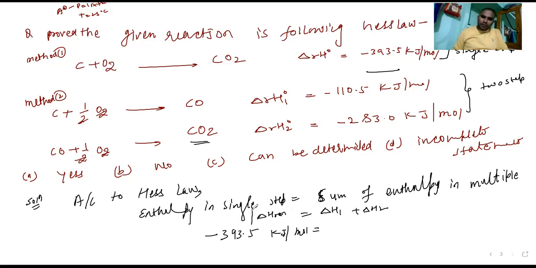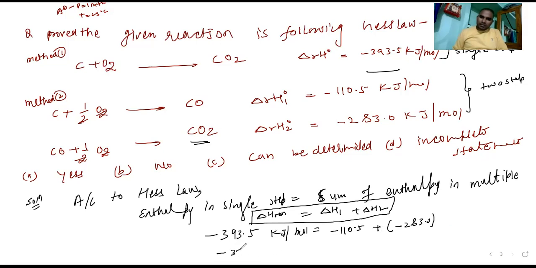So what we are going to do is add these two. 393.5, if you are adding, here you are getting 110.5, and then plus, in bracket, minus 283.0. So plus into minus is going to be minus.